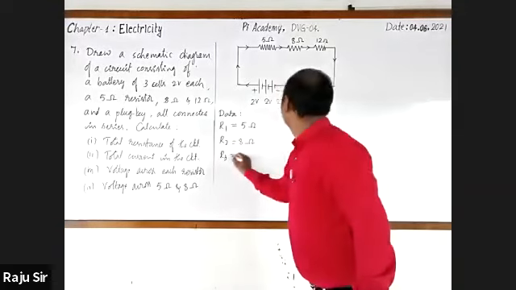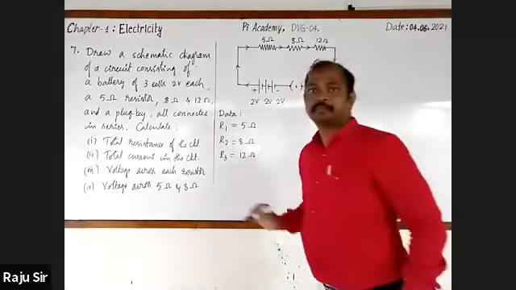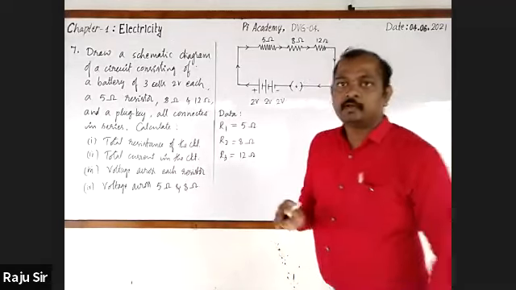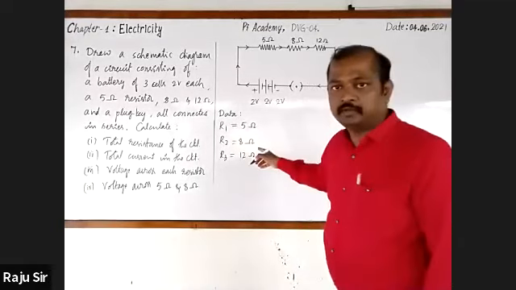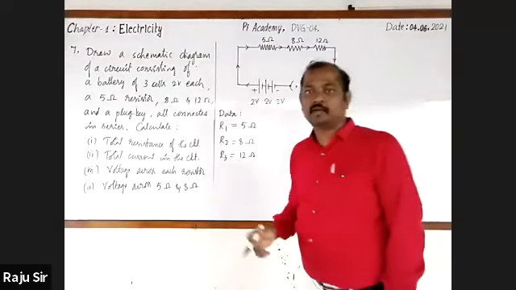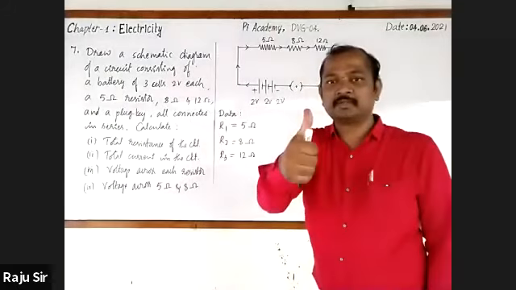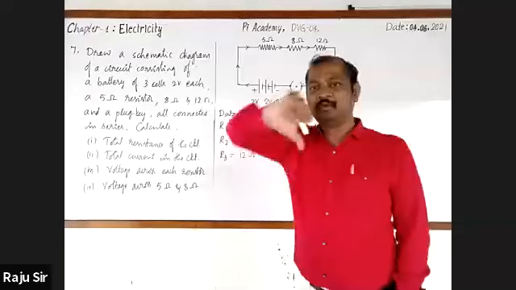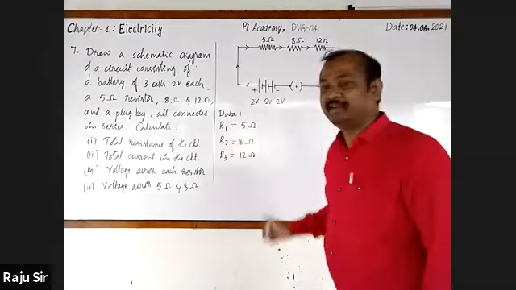R3 is 12 ohm. Copied? No need to go for unmuting. Just show the symbol like this.